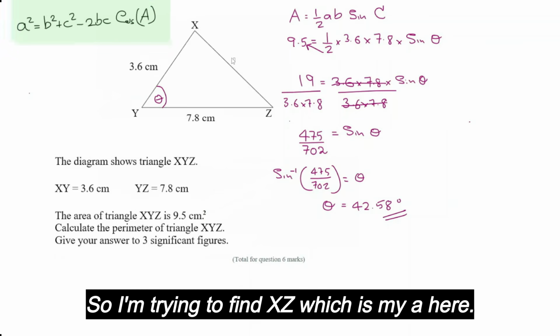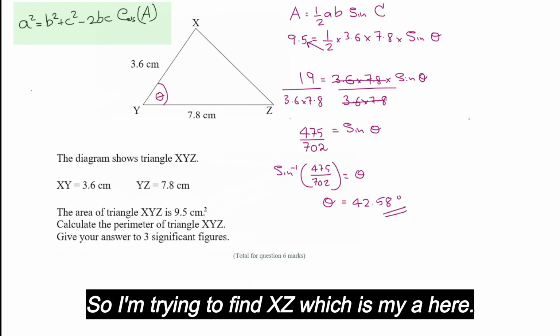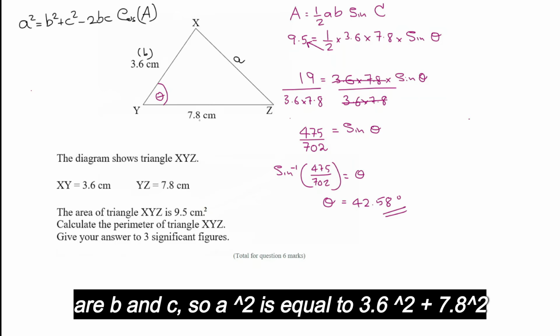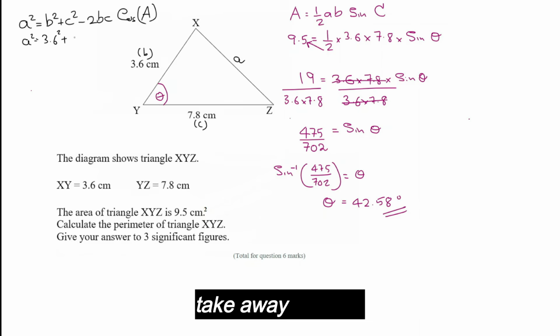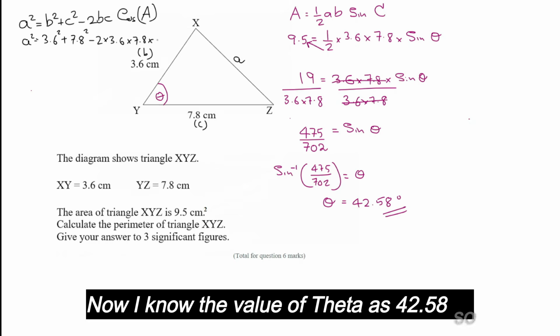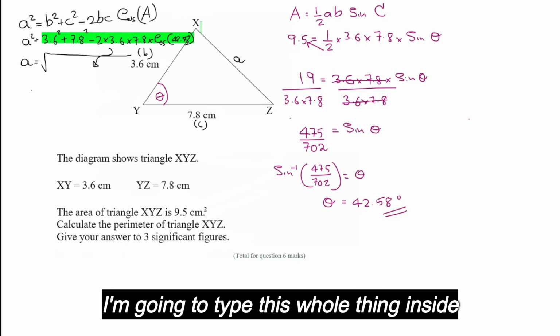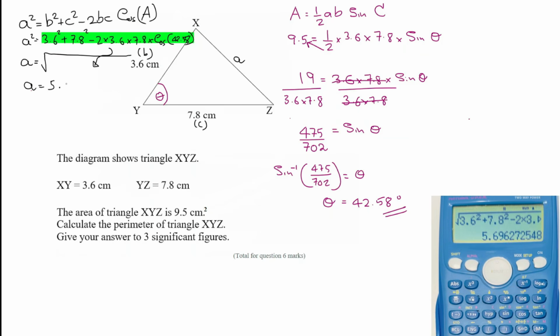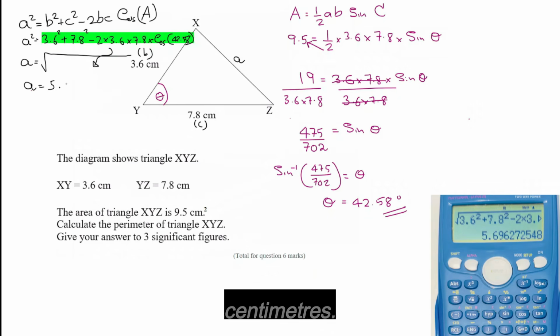So I'm trying to find XZ, which is my a here. So let's substitute the values. These two are b and c. So a squared is equal to 3.6 squared plus 7.8 squared, take away 2 times 3.6 times 7.8 times cos of theta, and I know the value of theta as 42.58. I'm going to type this whole thing inside the square root sign so I can get my a. So I get the length of a as 5.696 centimeters.